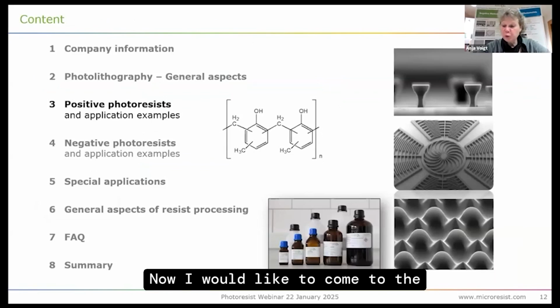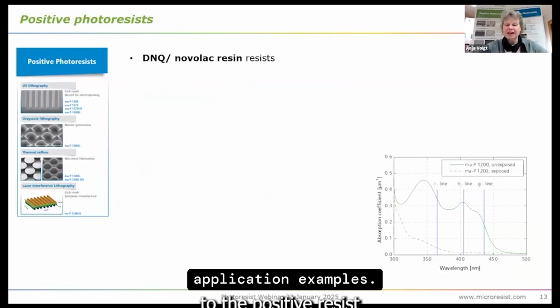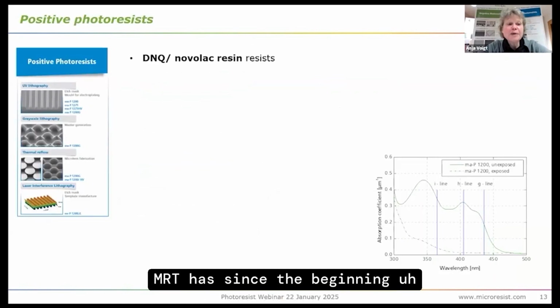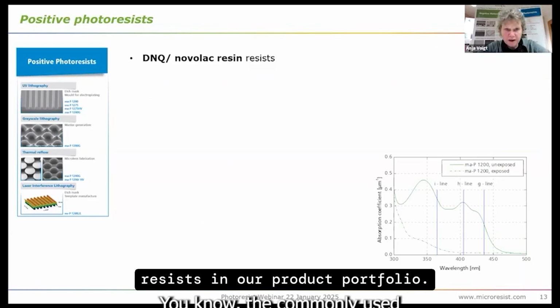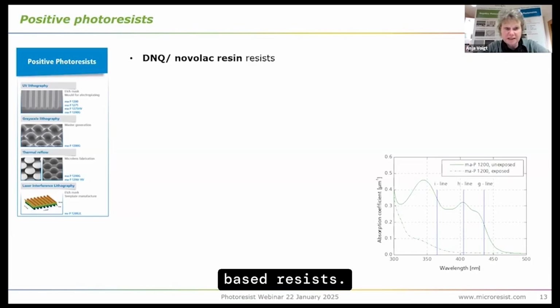Now I would like to come to the positive resist and some application examples. MRT has had various positive resists in our product portfolio since the beginning. The commonly used ones, not only by MicroResist, are the DNQ novolac resin-based resists.